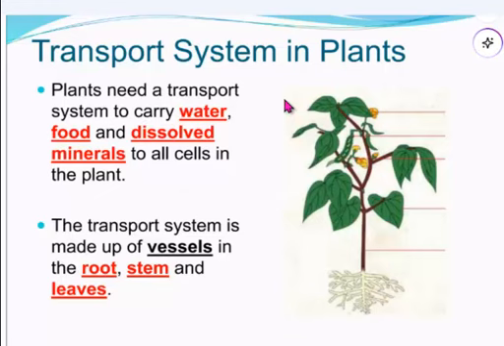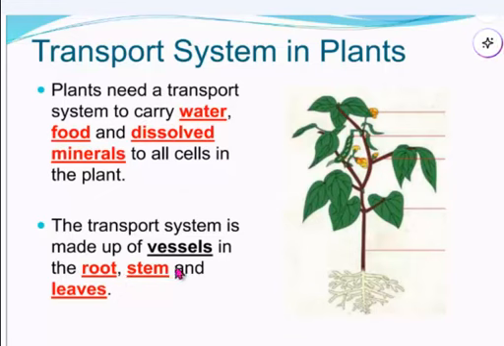That's why movement is needed, because all the nutrients and the minerals are taken from the soil, and the function of the root is to help transport them to other parts of the plant where they are actually needed. This is the diagram of a plant which you can see on the screen right now. This transport system is made up of vessels in the roots, stem and leaves.